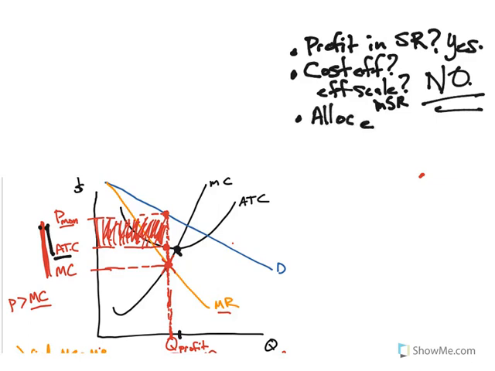Are they allocatively efficient? And in order to do that, we have to figure out if there is any deadweight loss. So is it true that our demand curve and supply curve, are we producing the quantity where those two things intersect? No. Right? They are not producing that quantity.